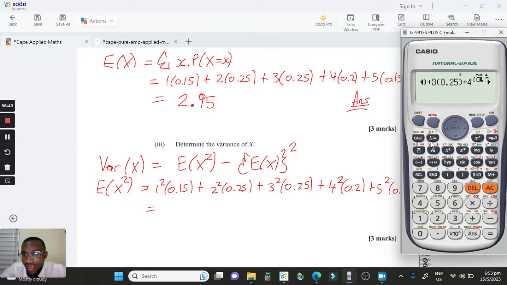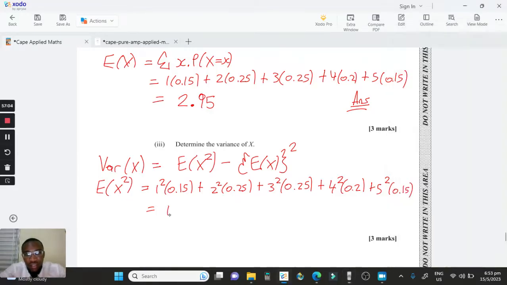It's not doing what I want it to do. 4 squared times 0.2. I'm not going to write 3 squared, I'm just going to put 9. Then I'm not going to write 2 squared, I'm just going to put 4. And 1 squared is 1. Now we get 10.35.